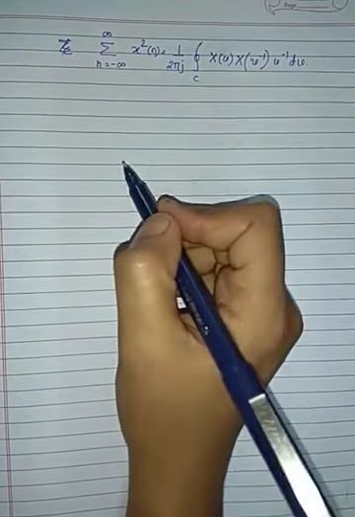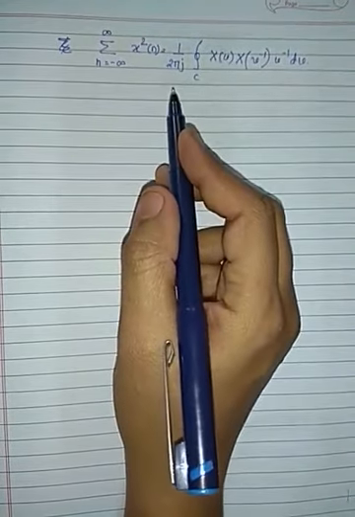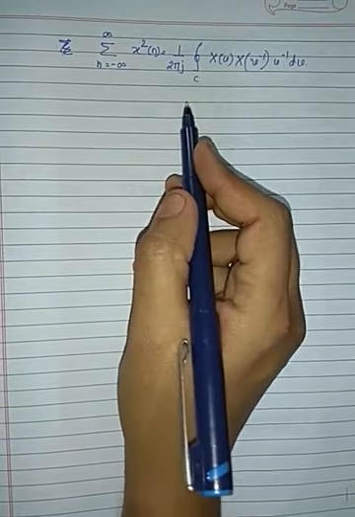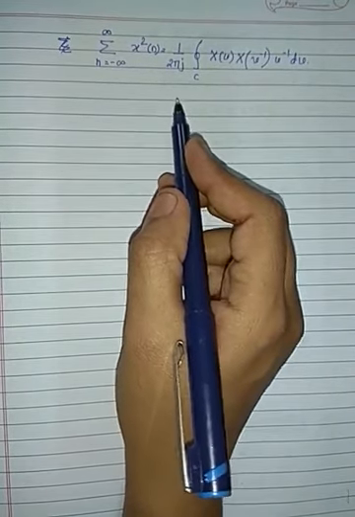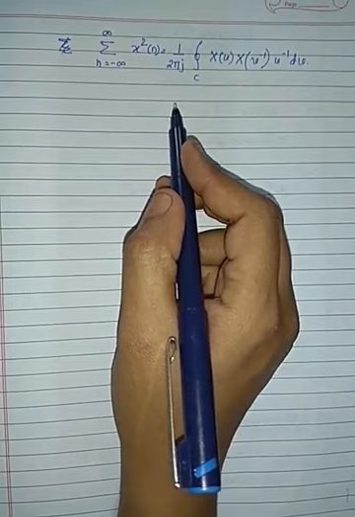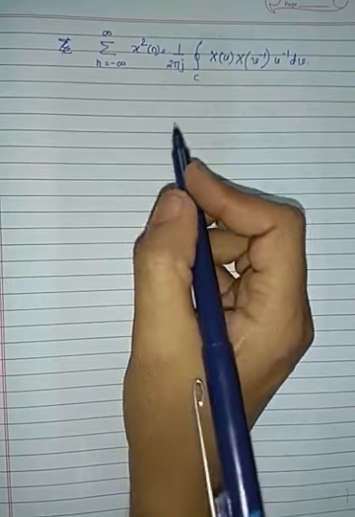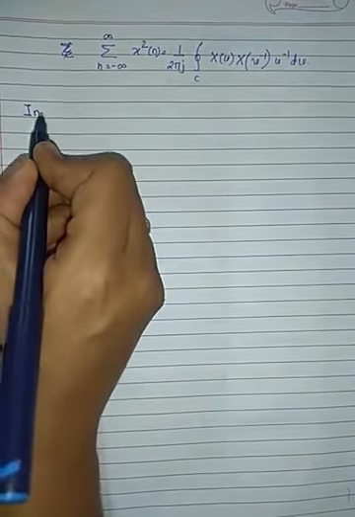Okay, where C is the closed contour in the ROC of x of z. Okay, so this is nothing but the Parseval's theorem. Now we will see the initial value theorem.